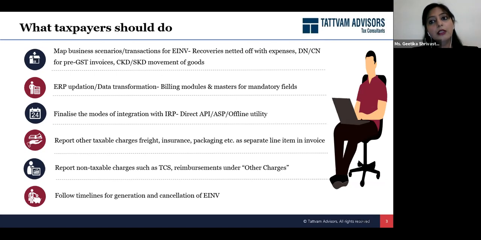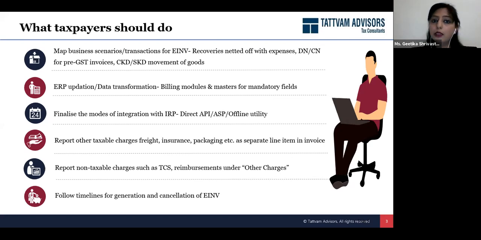So in our view, it is safer to report these transactions, because in any case, when you issue any debit note or credit note in the GST scenario, you'll be reporting it in your GSTR-1, and the reporting will also happen in GSTR-3B. So there will always be reconciliation issues that you are setting it off in your monthly returns, but for the purpose of e-invoicing, it is not mentioned.